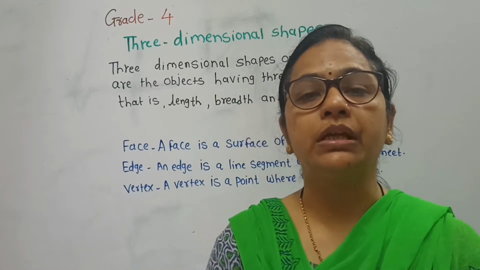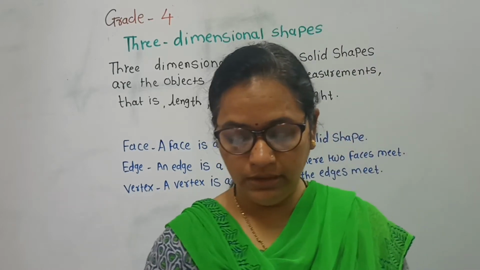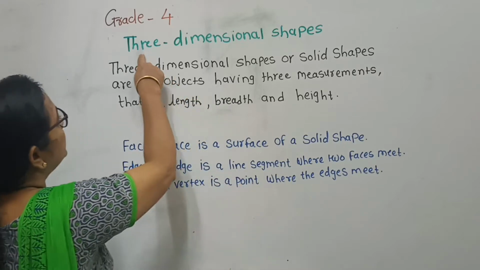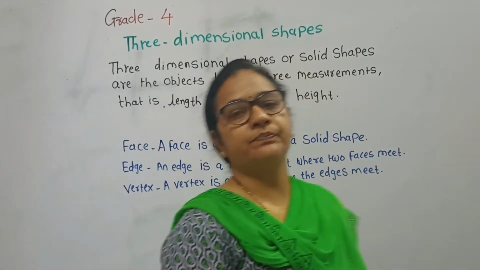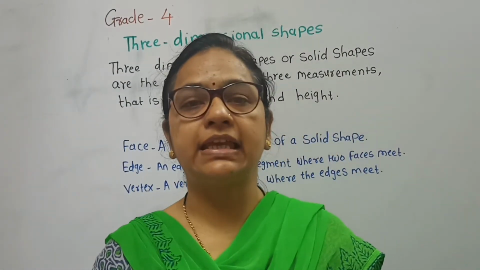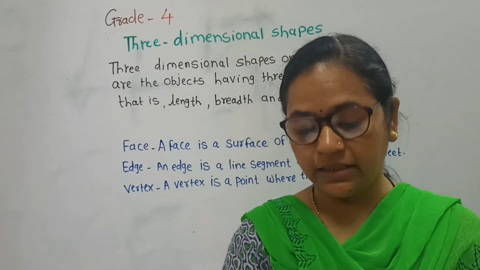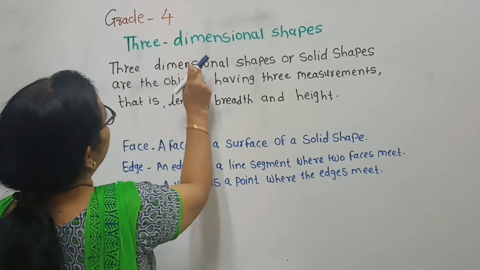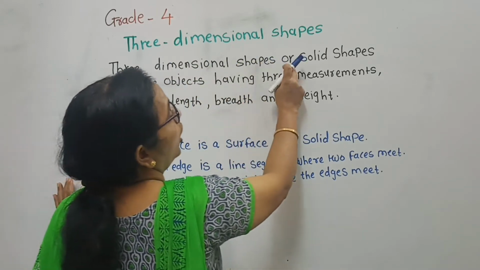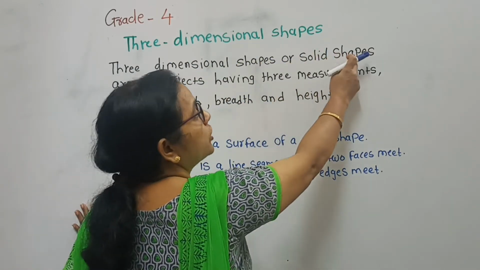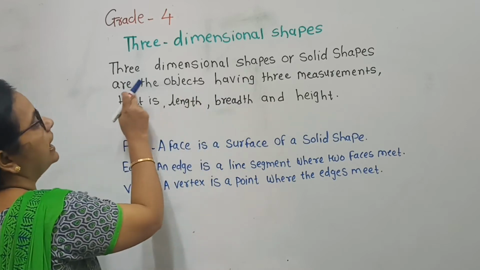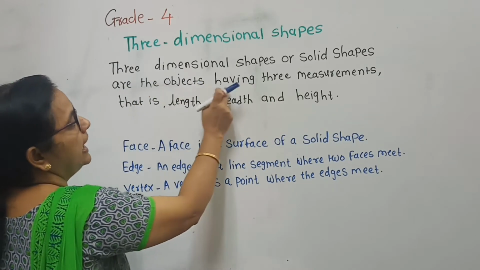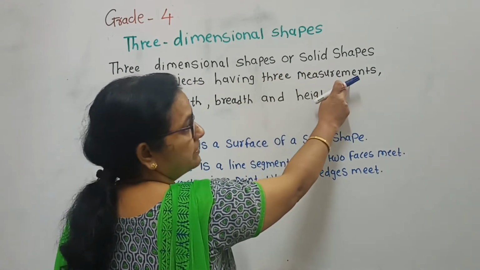So children, today we are going to learn three-dimensional shapes. Three-dimensional shape means 3D shape. What is meant by 3D shape? Three-dimensional shapes, or we call them solid shapes, are the objects having three measurements.